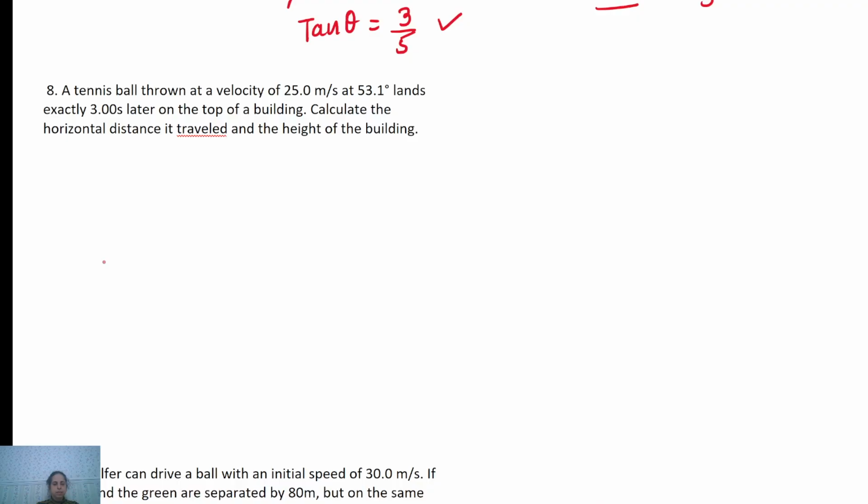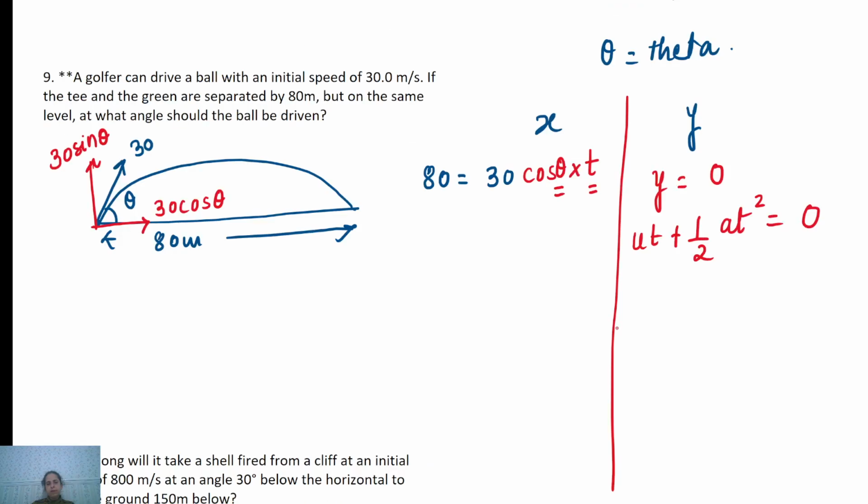So I need one more equation. My displacement in y direction is 0. So I'm going to use ut plus half at squared as 0. My u is in upward direction, so my a will be negative. So 30 sine theta times t minus half 10t squared is 0.